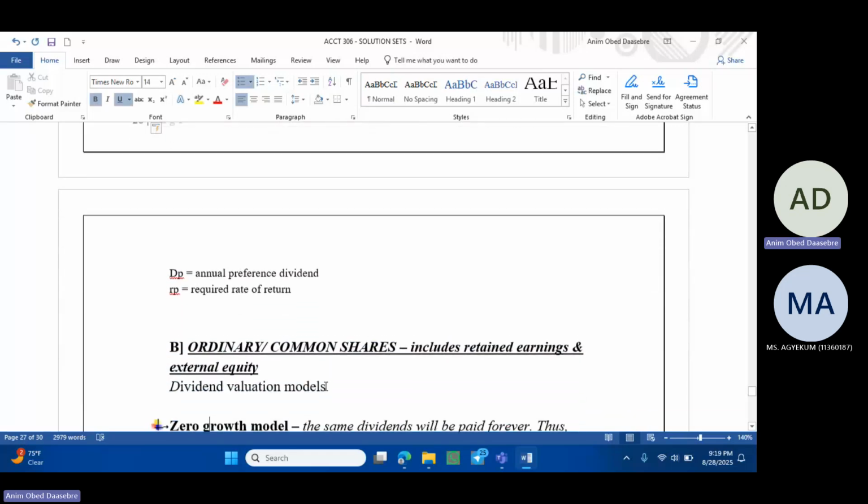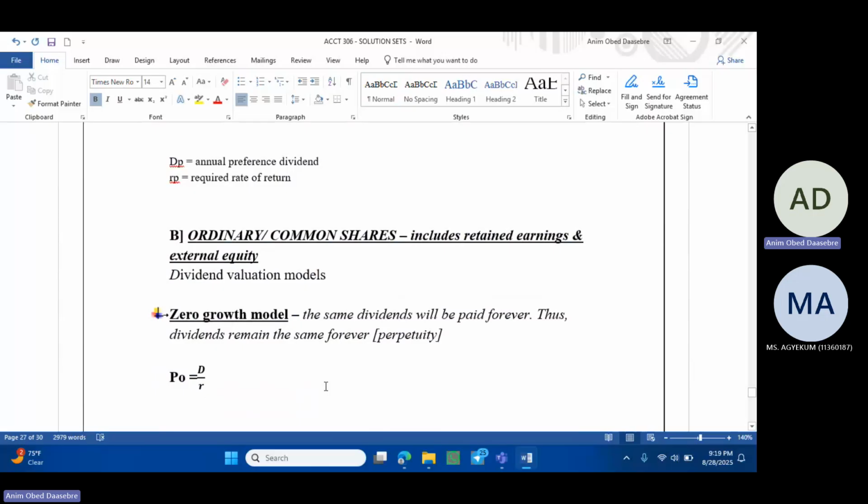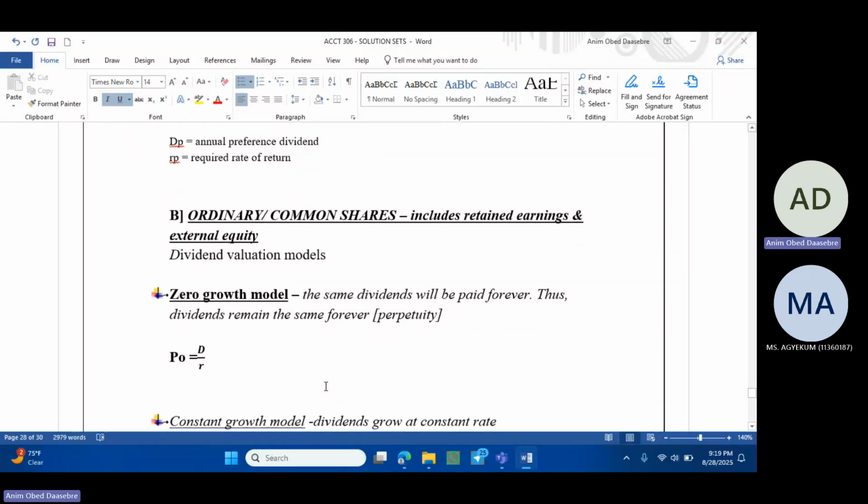Then when it comes to common share or ordinary share, we are going to use dividend valuation or dividend discount models to find the price per share for ordinary share, because here the dividend varies, there is a growth rate.